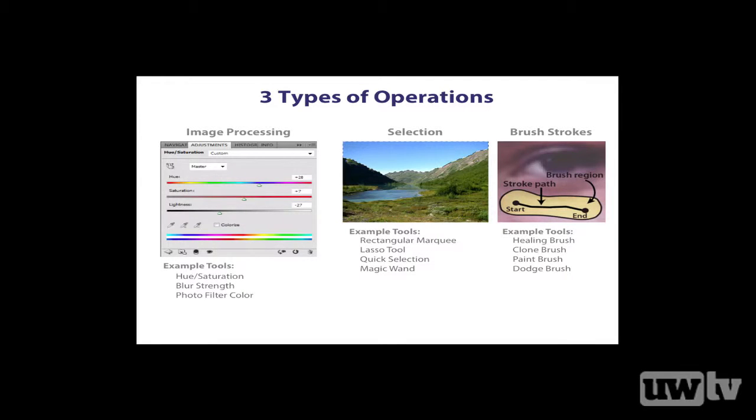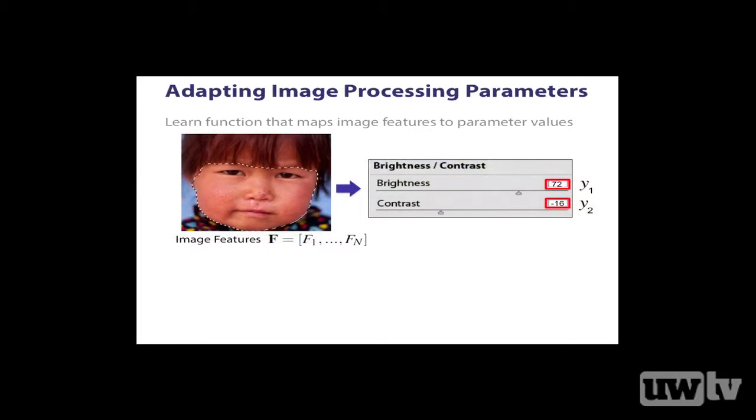To adapt an image manipulation to new content, we need to develop new algorithms for adapting each of these three classes of operations. Let me just give you a flavor for how we do that. To adapt the parameters of image processing operations, our goal is to compute a set of features f on the image, and then build a mapping between the features f and the output parameters y from the training demonstrations.